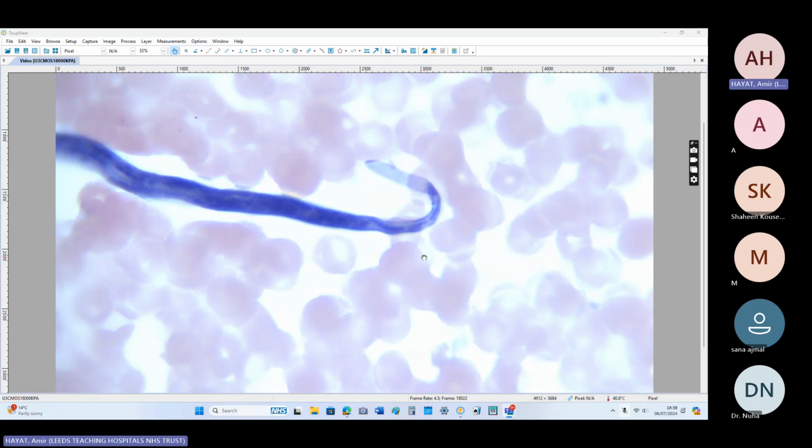The blood film contains eosinophilia and sheathed worms. Do we have to mention the morphology of these worms as well? Yes, you have to say that the blood film contains eosinophilia and sheathed worms. The worm has nuclei extended to the tail end. Most likely, it resembles Loa loa, which needs to be confirmed by sending the blood sample to the reference lab.